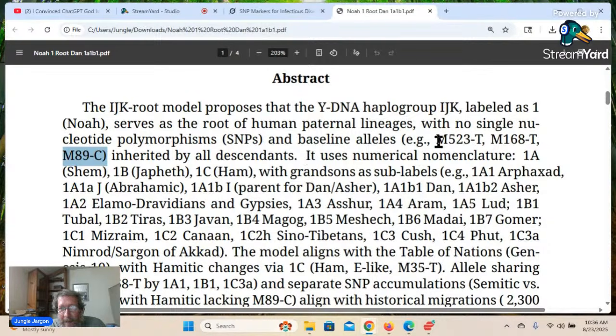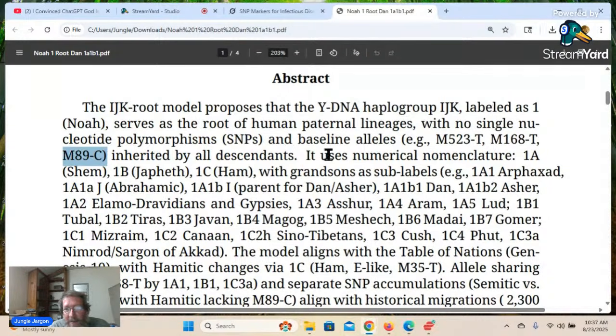And this is the IJK, what used to be the IJK marker. And of course, this one goes all the way to Nimrod. This one includes only up until the Semitic lineages, but it also includes the Eurasian lineage.